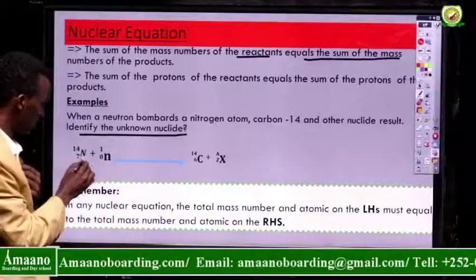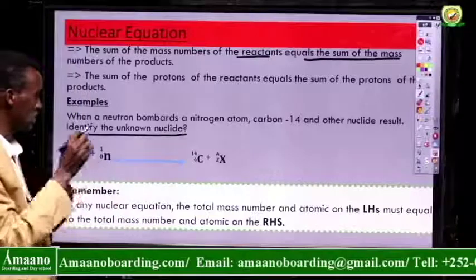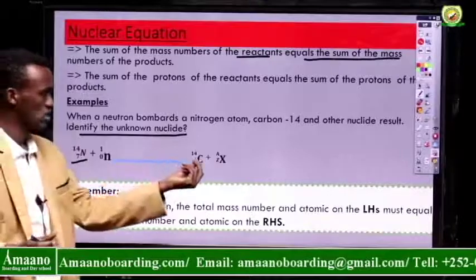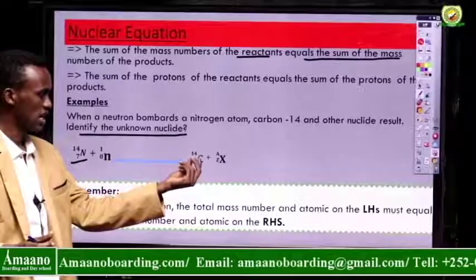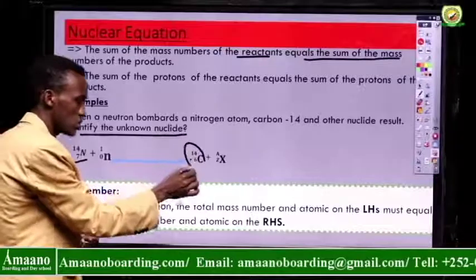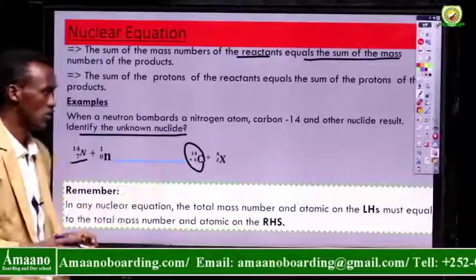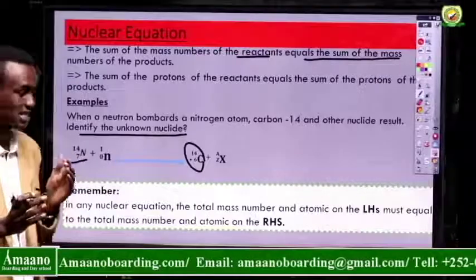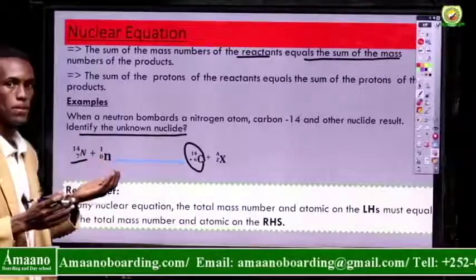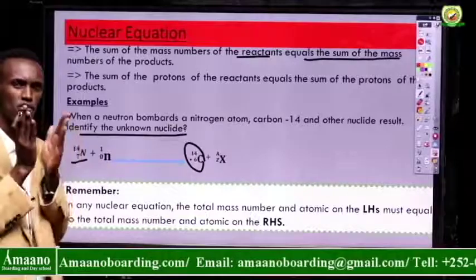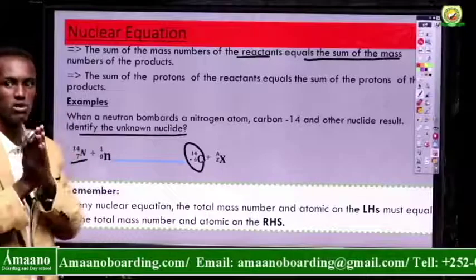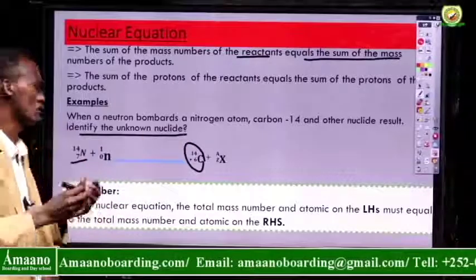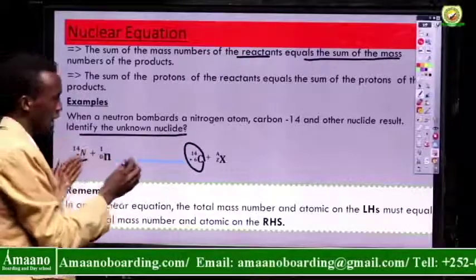So we have nitrogen bombarded with a neutron, producing a new element carbon-14 and a new element X. Firstly, the sum of the mass numbers of the reactants is equal to the sum of the mass numbers of the products.